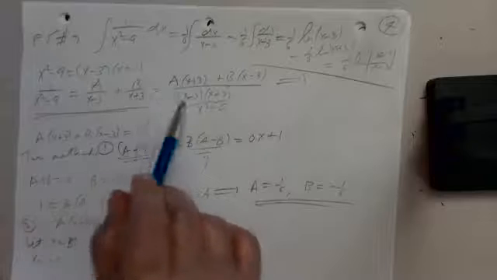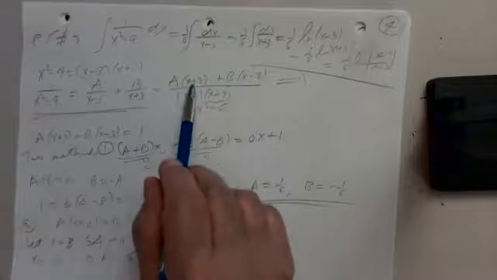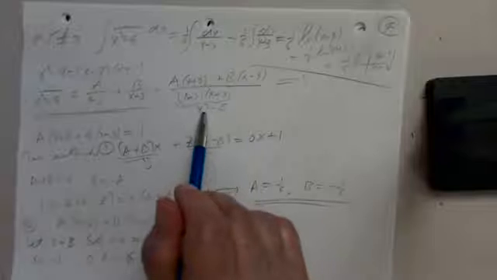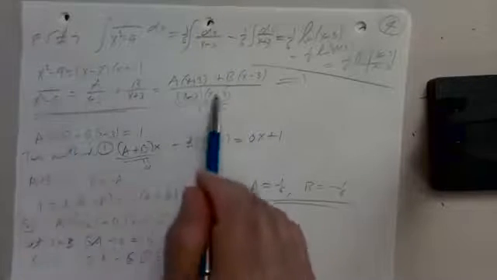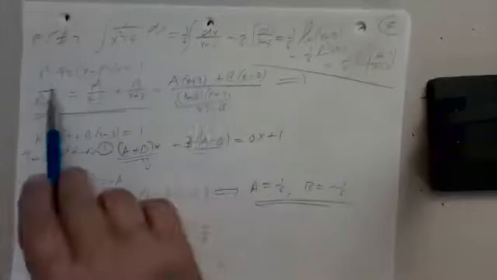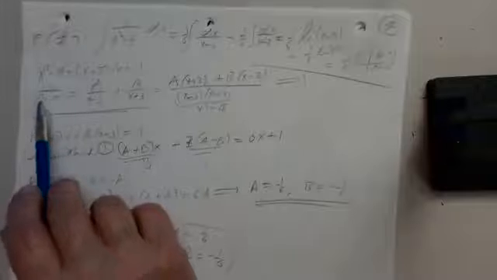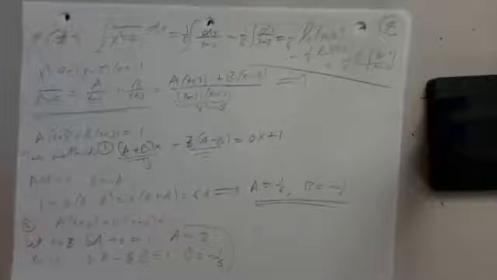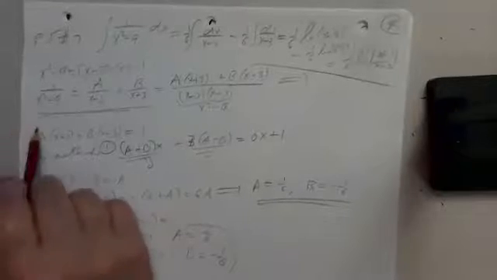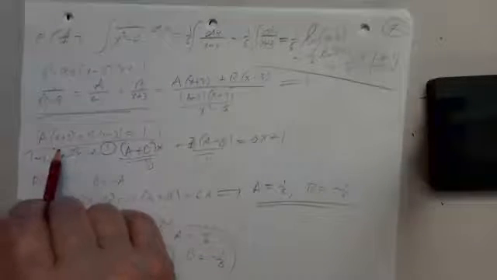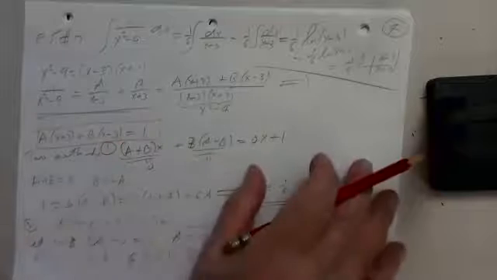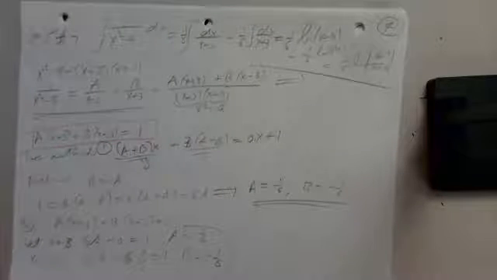And if I put this over a common denominator, I get a times x plus 3 plus b times x minus 3 over this, which is the same as x squared minus 9. So these two fractions are equal. They have the same denominator, so they have to have the same numerator. So we get this equation, a times x plus 3 plus b times x minus 3 is equal to 1 for all x. Now I need to find a and b.